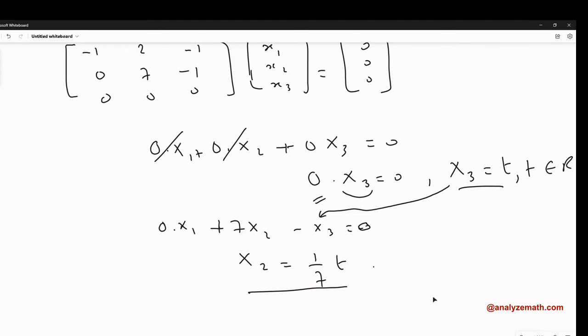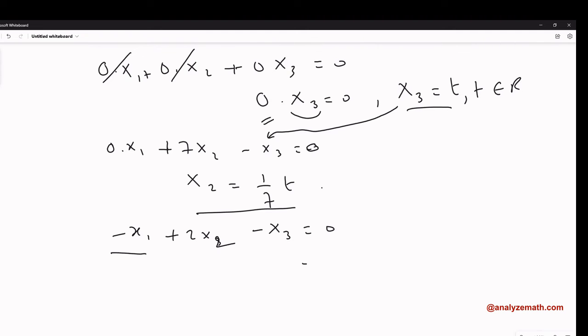Negative x1. Okay, I am multiplying this row by the column: minus x1 plus 2x2 minus x3 equal to 0. And then we substitute. Now we're looking for this, so that gives me minus x1 equal minus 2x2, which is 1 over 7t, and then plus x3, that's a t.